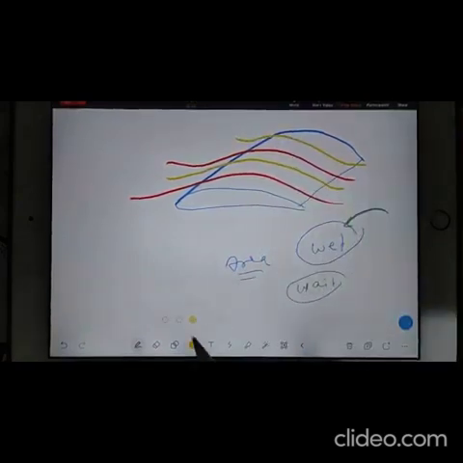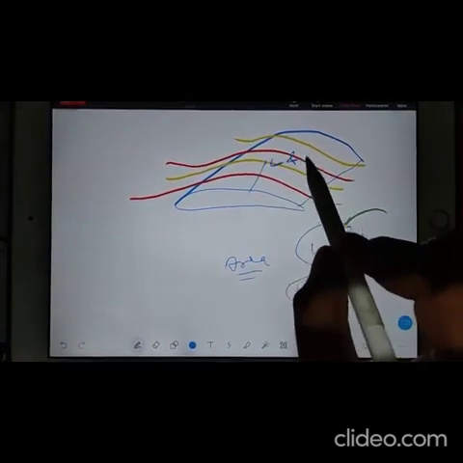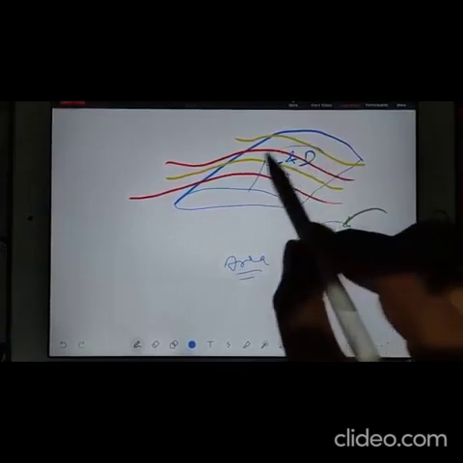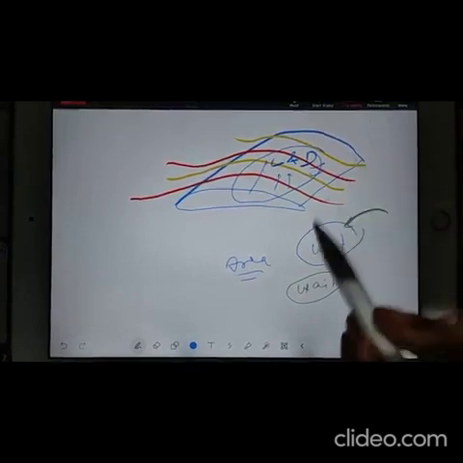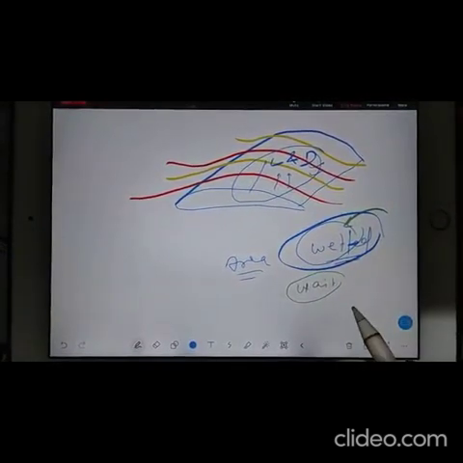That much area is helpful to discuss lift and drag, because only that much area is giving you pressure distribution and aerodynamic force, right? So only the wetted area is helpful.